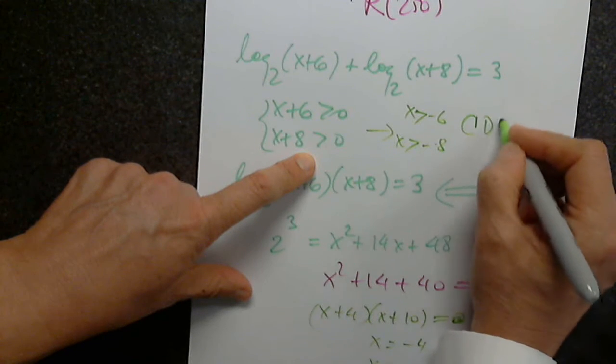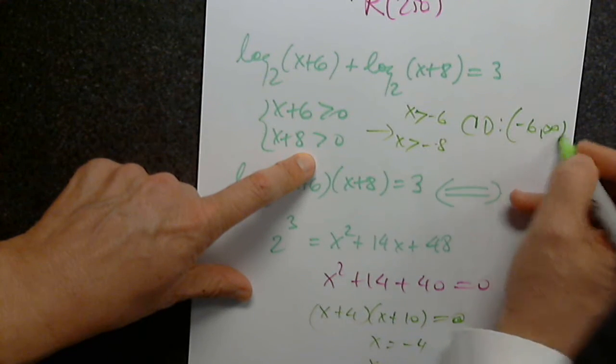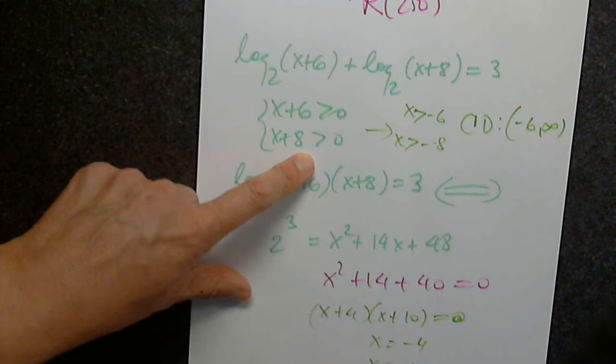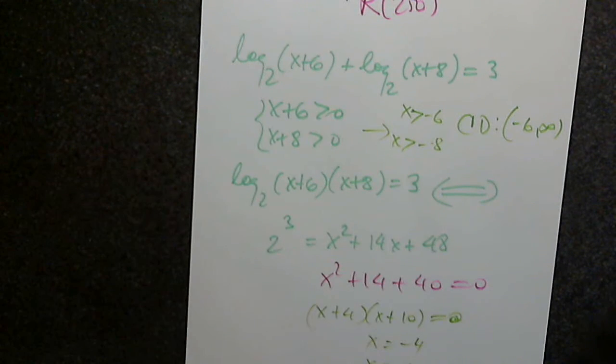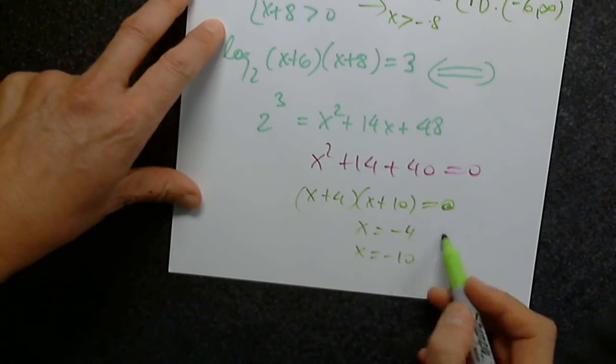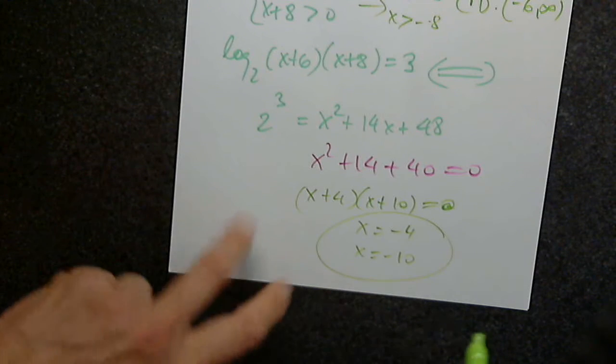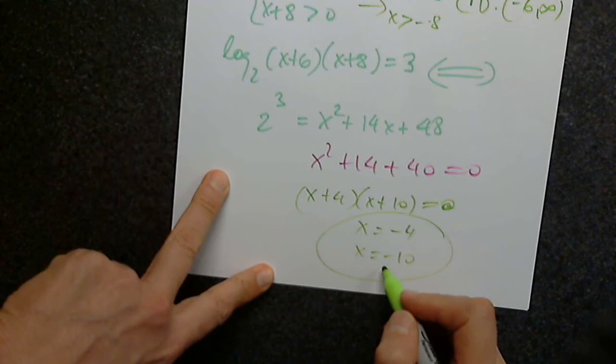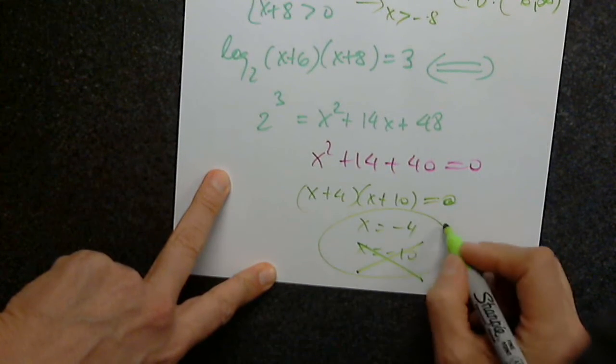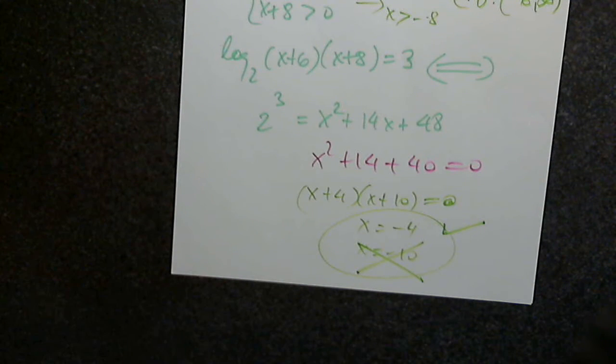Of course, the common domain is -6 to infinity. So what do you conclude? -10 is outside of the common domain. But -4 is inside the domain, so -4 works, but -10 does not.